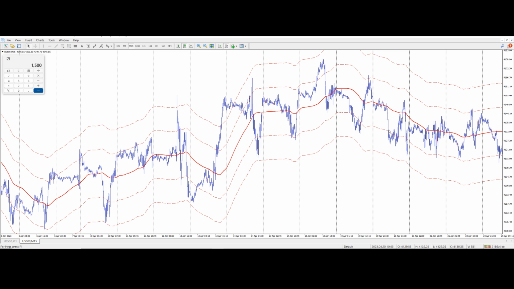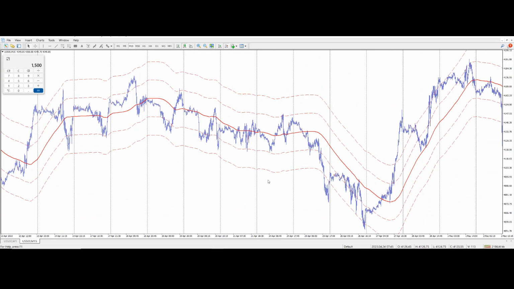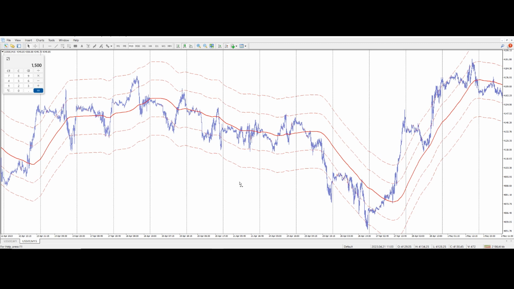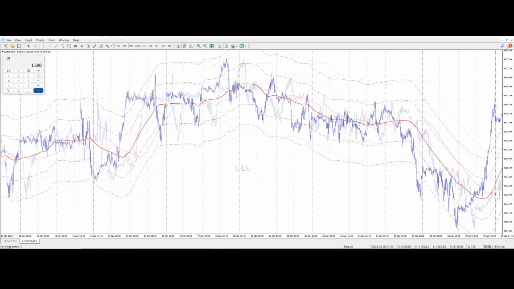Okay, so you can use it. For me, I think it's amazing when it consolidates, because like this, the moving average becomes stable, flat almost, and you're having the range. Okay, so this is how you can use it.